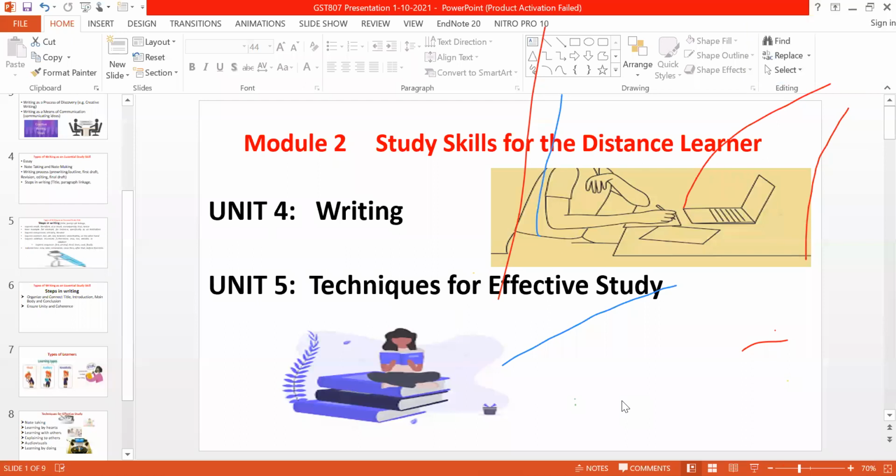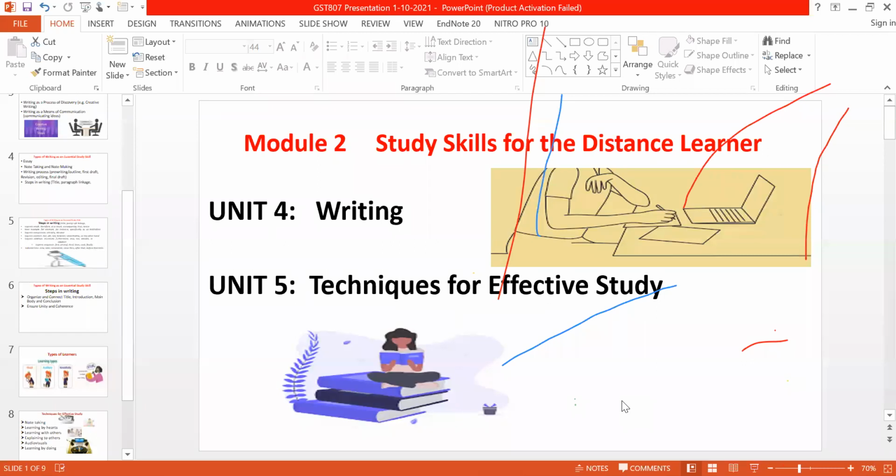Thank you, sir. Sir, study means learning. We learn to gain knowledge. We have various types of learners. We have the visual learners. The visual learners learn with the aid of a picture. They use picture to remember what they have studied.